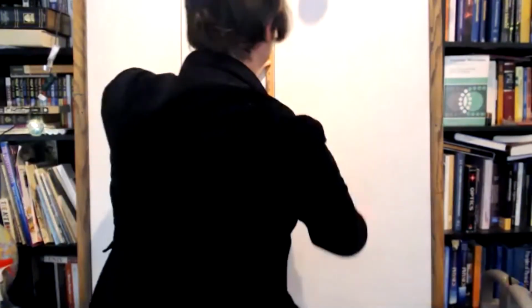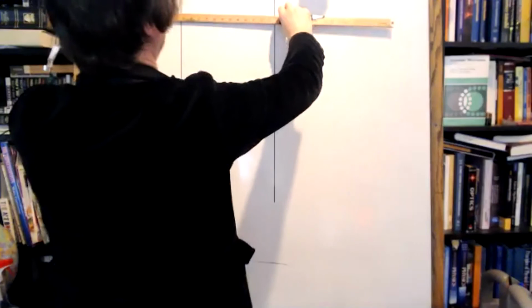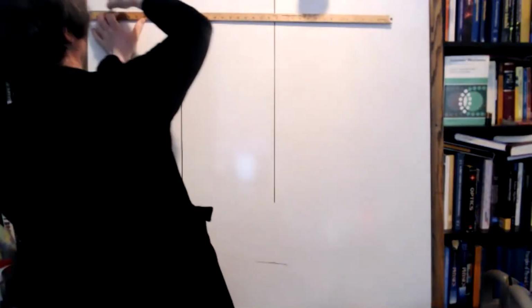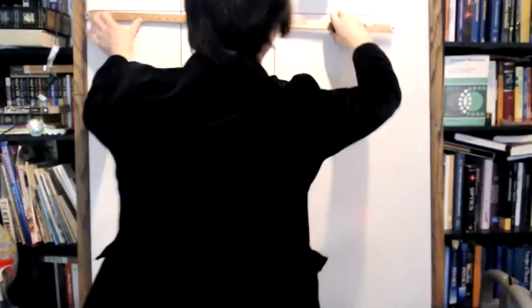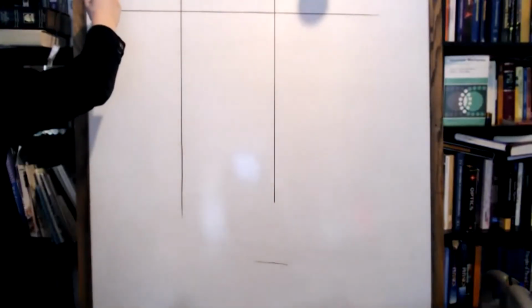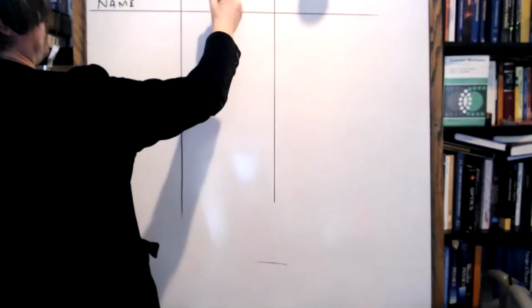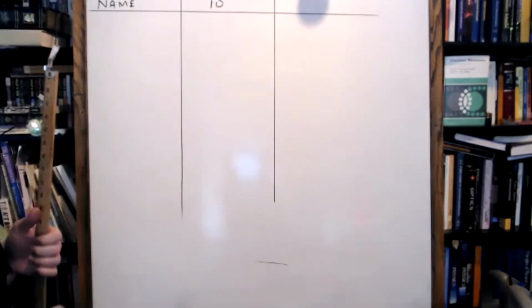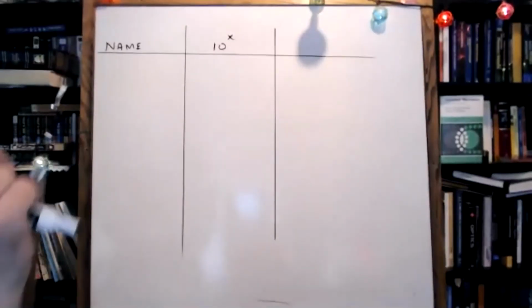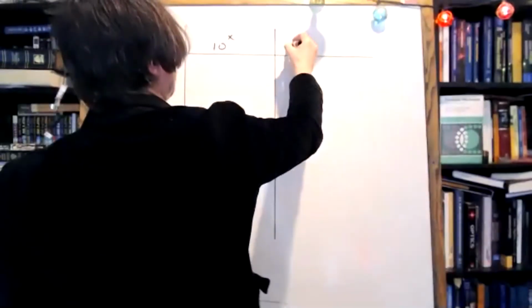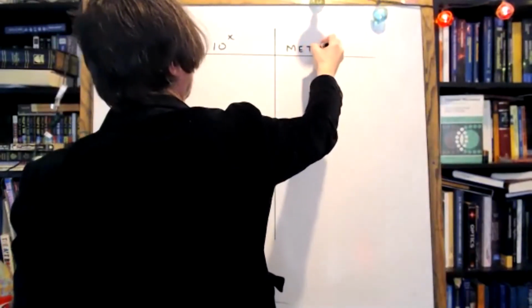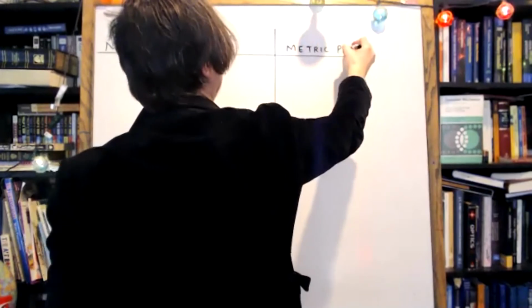Make yourself 3 columns. One is for the name of your number. One is for how many zeros, the power of 10. And then the last will be for the metric prefix.